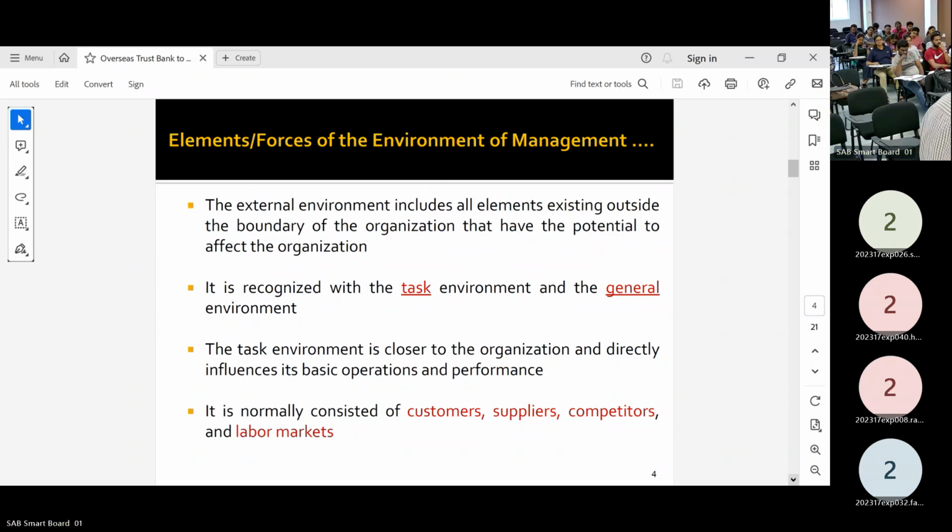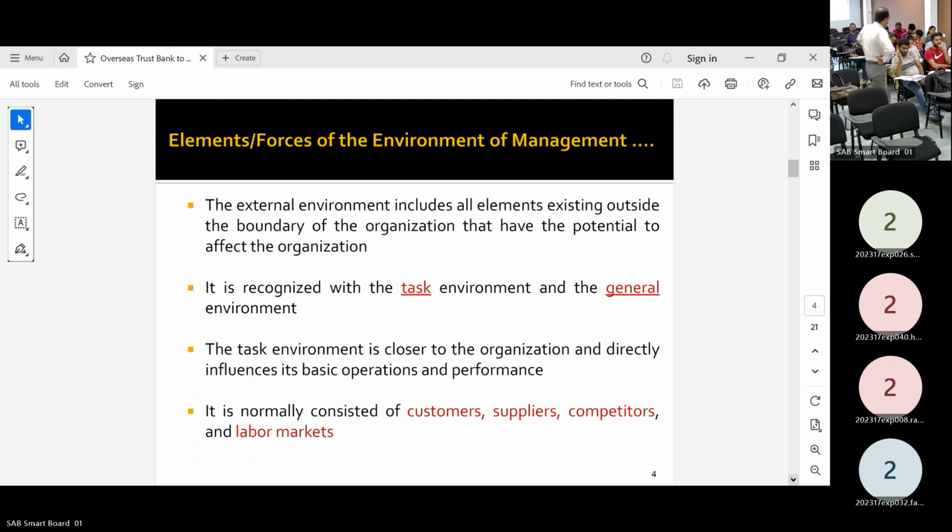Then it is divided as task and general environment. There are similar names for both. For task, there are some other words like direct environment, task environment. Can you say it as micro? Then macro is used for the other one.